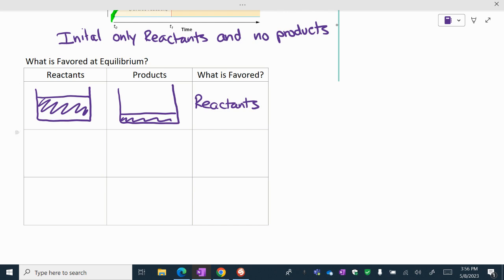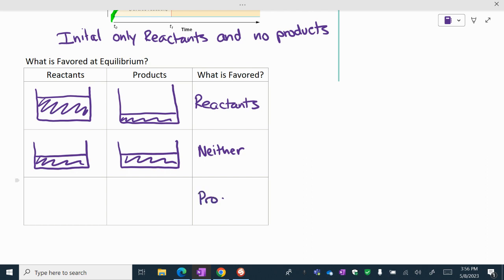At equilibrium, you could have neither reactants or products favored. It means you don't have, draw these. So in this scenario, neither are favored. Or you could have an equilibrium where the products are favored.